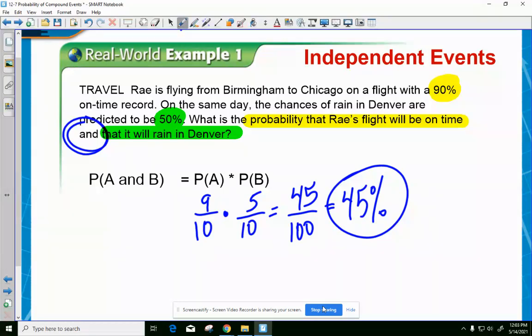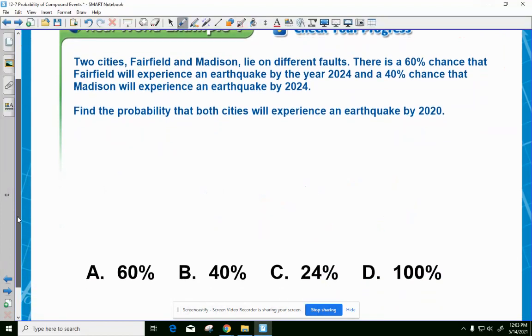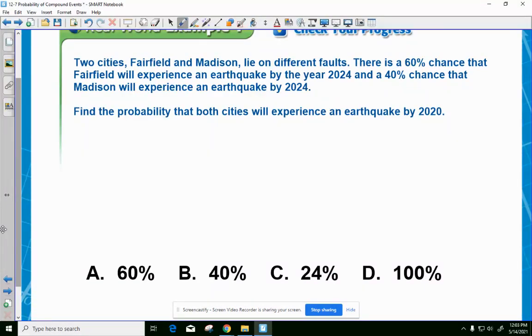It's out of 100, right? 45%. Okay, so two events taking place. We want to know the chances that both of them are going to happen. All right, so try this one and see what you come up with for an answer. Hopefully, it matches one of those percentages at the bottom.